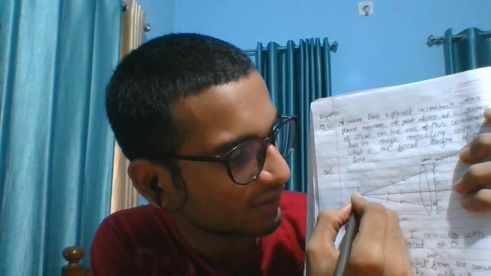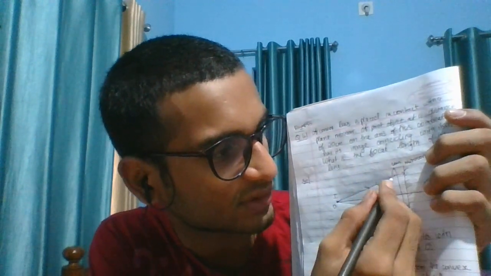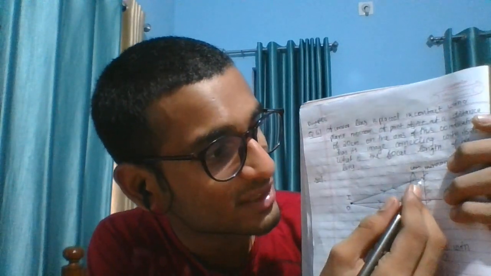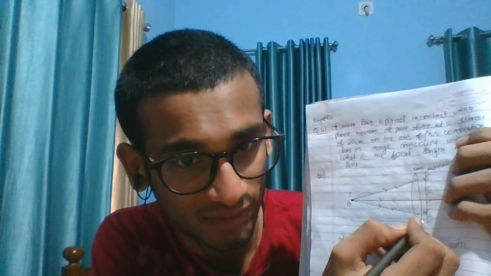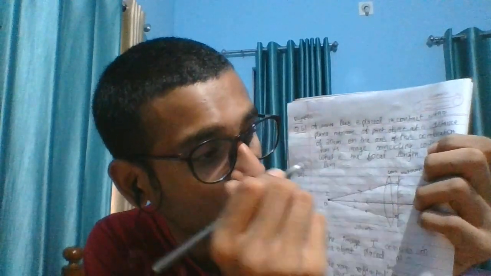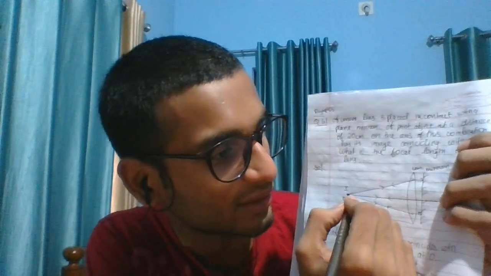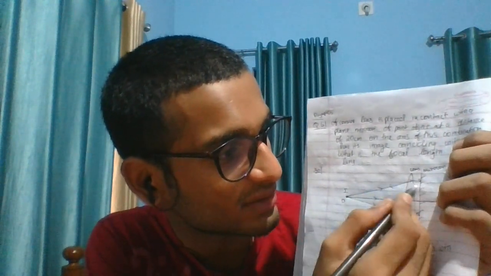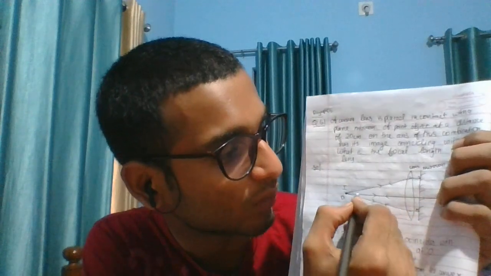The ray from the object first goes through refraction, and then it gets reflected, and they say it goes back to O. That means this path has been retraced, and for that, it must be reflected by the mirror normally. That means the refracted ray must fall normally on the mirror, and only then will this path be retraced. And as this path is retraced, this new ray will go to the focus.